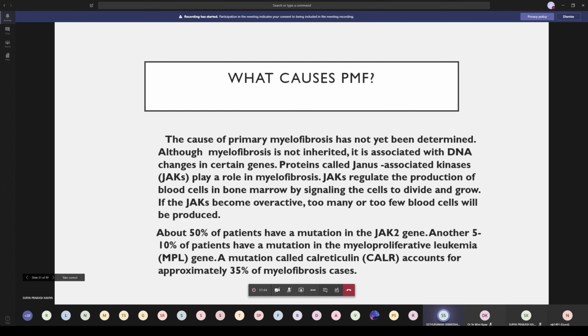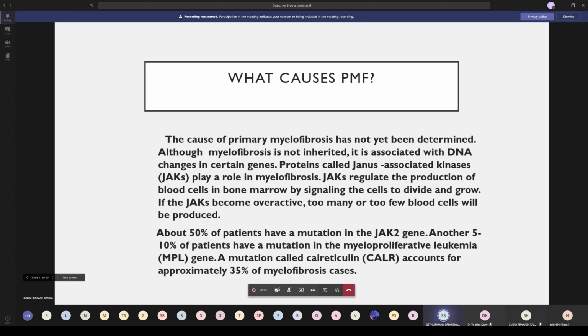The cause of primary myelofibrosis has not been determined. Although myelofibrosis is not basically inherited, it is associated with DNA changes in certain genes.